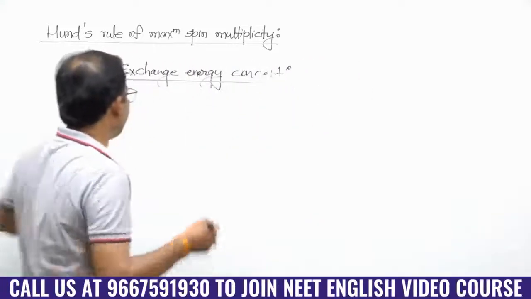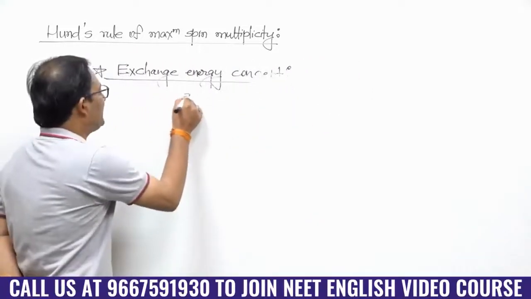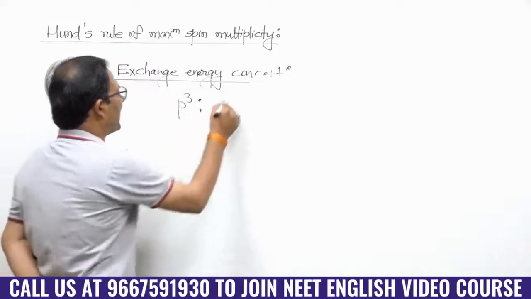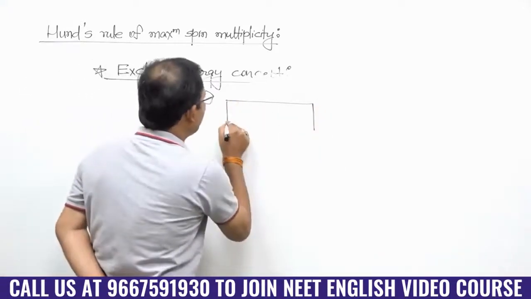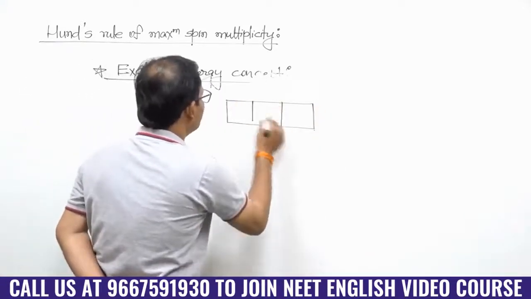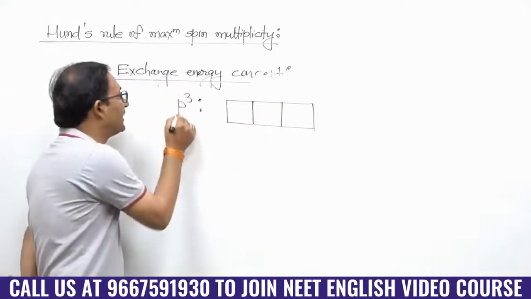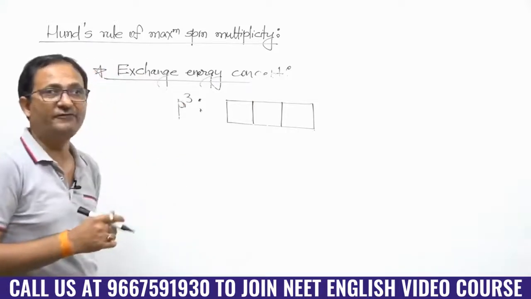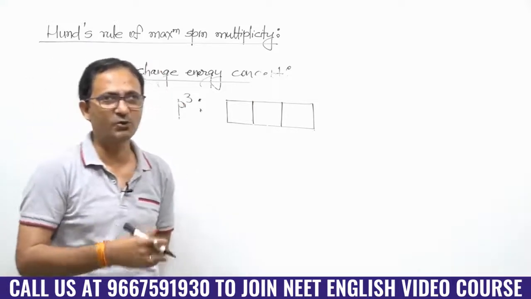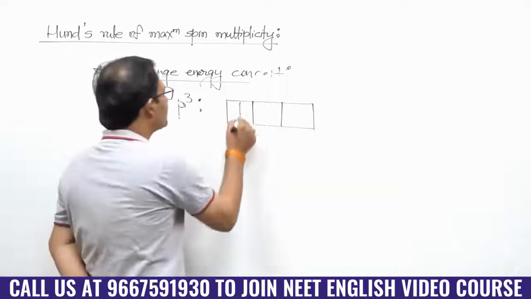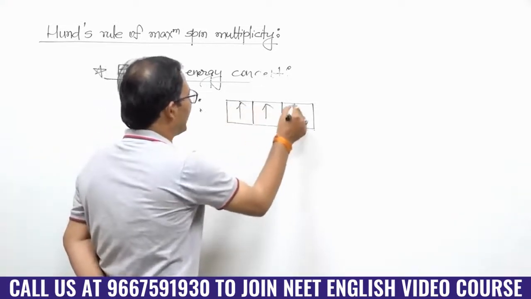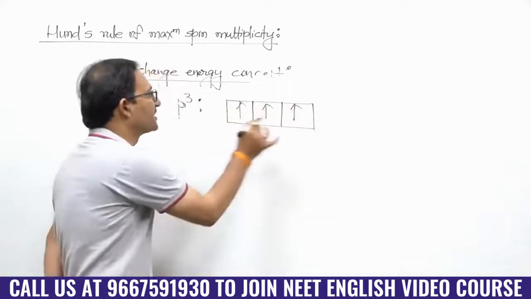If I say P3, as you know, the p subshell has 3 p orbitals, right? And since it has 3 electrons, fill these 3 electrons according to Hund's rule. So each degenerate orbital will get 1 electron with the same spin.